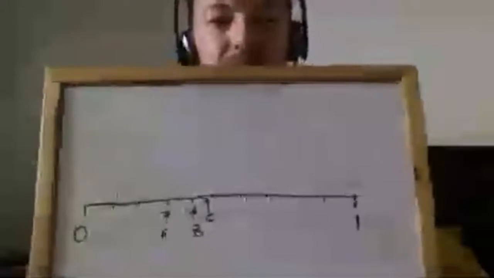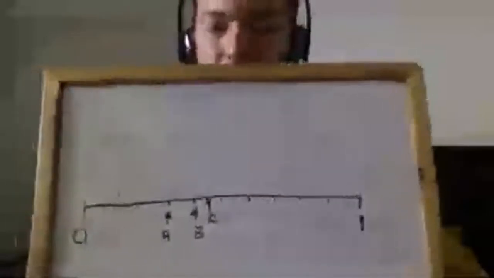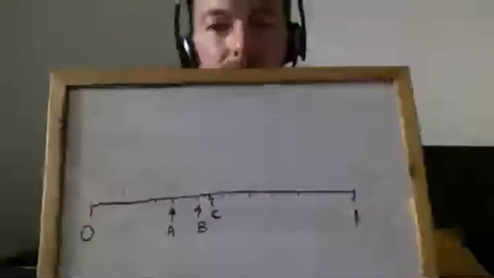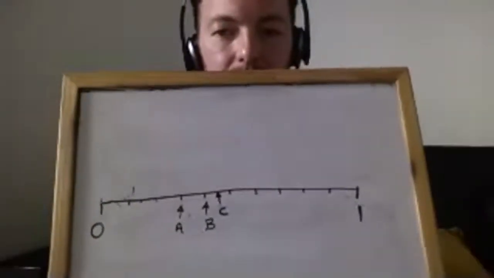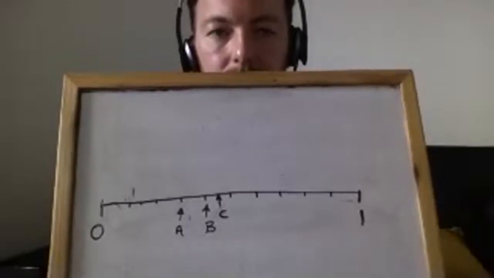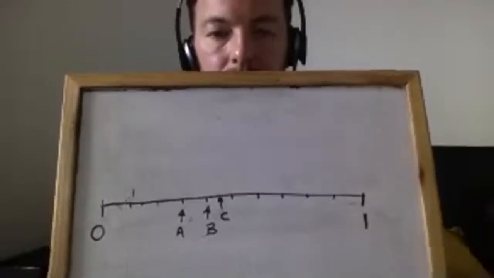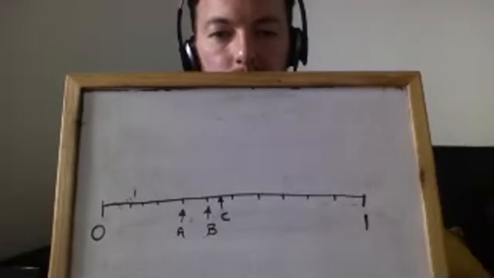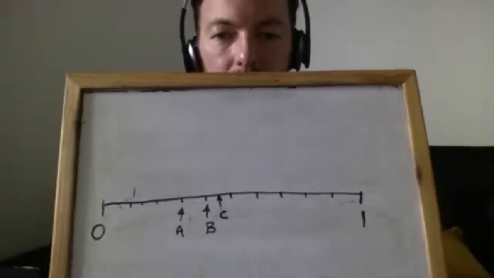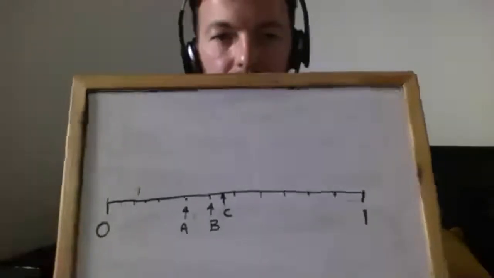Have a look. See what you can do. So we've got naught all the way to 1. Now we've got A, B, and C. So I'll give you a clue. This is all about place value.